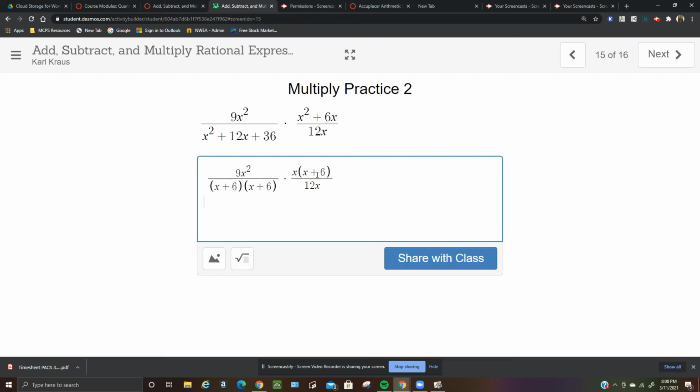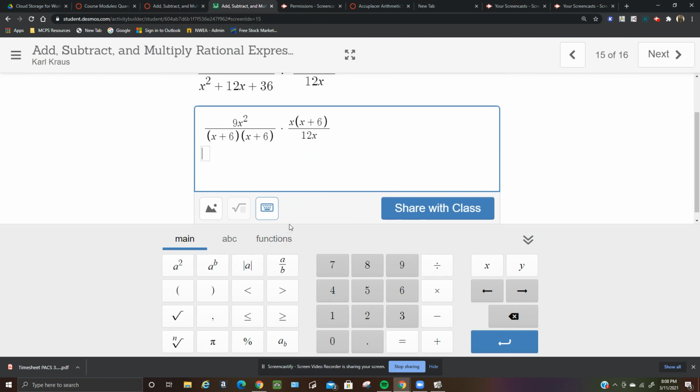So here the x plus 6 crosses off once, the x goes away. And so I have 9x squared over, one of the x plus 6 goes away, so over 12 times x plus 6.